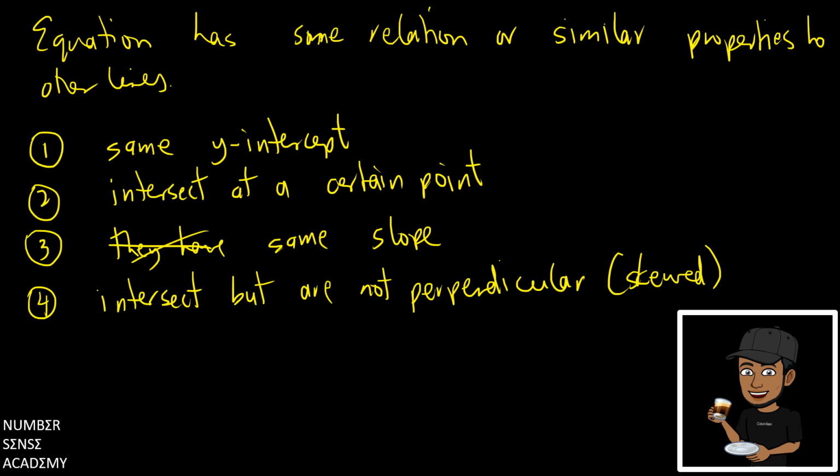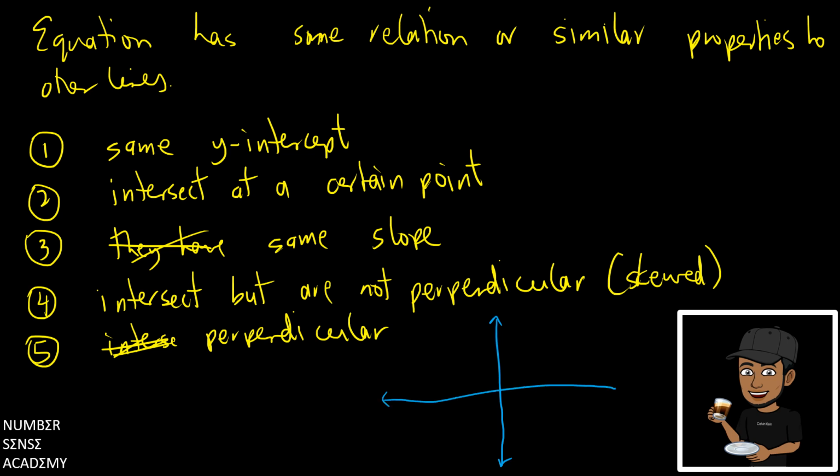Well, let me write the next one first. They intersect, or they are perpendicular. Okay, so let's differentiate between these two. If I have two lines that intersect, I have line 1 going this way and then line 2 going that way.